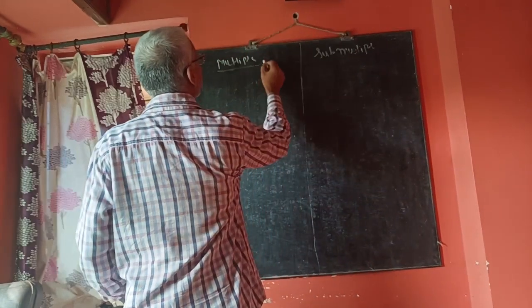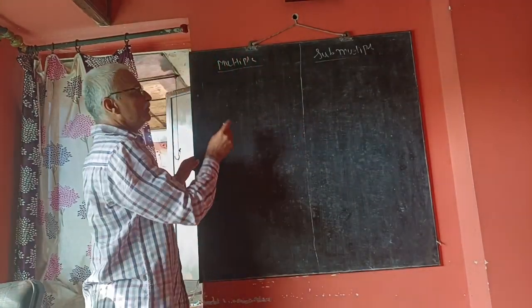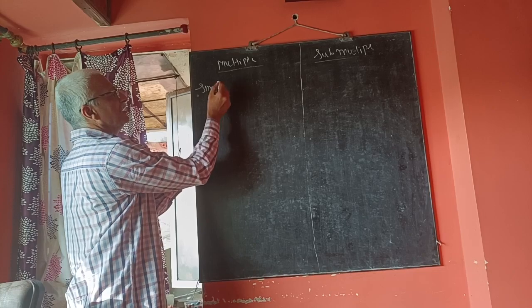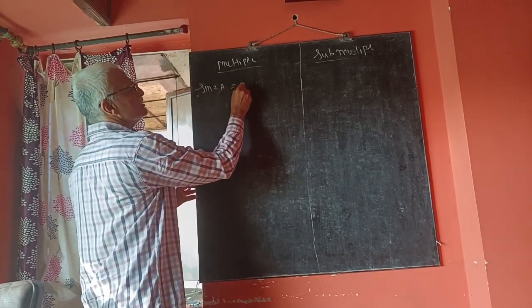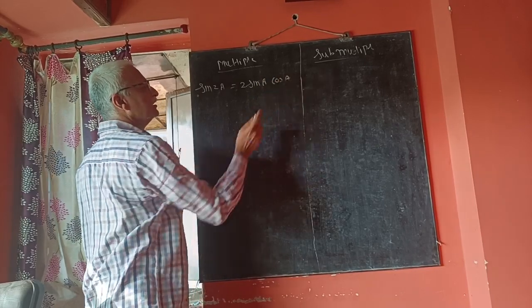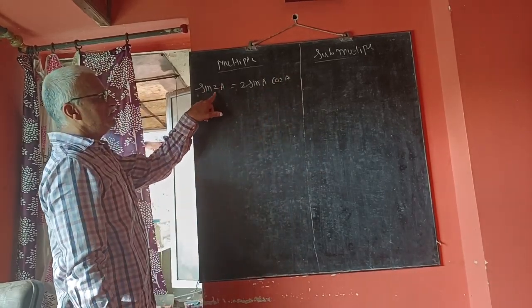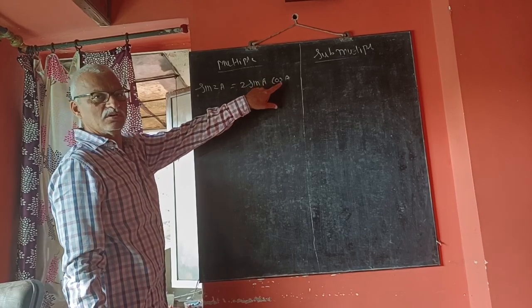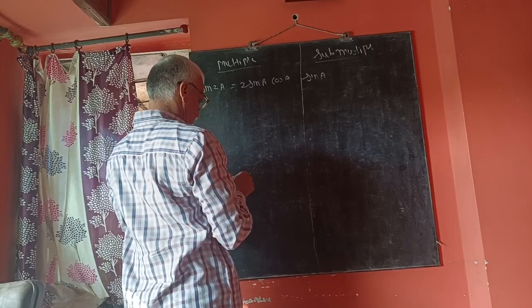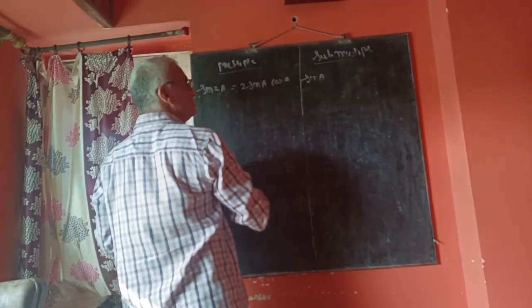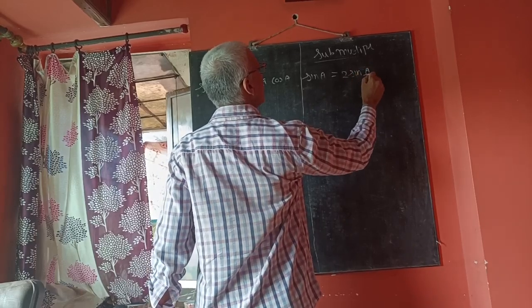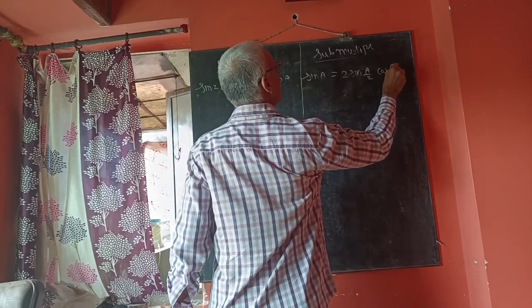Under the heading of multiple, the first formula is of sine 2A. Sine 2A is equal to 2 sine A into cos A. Here, sine A is equal to 2 sine A by 2 into cos A by 2.